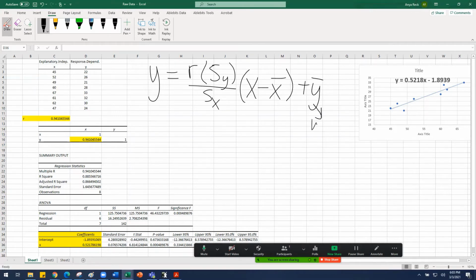Y bar is the mean of the y column. X bar represents the mean of the x column. Sx is the standard deviation of the x column. Sy represents the standard deviation of the y column. And R represents the correlation coefficient.